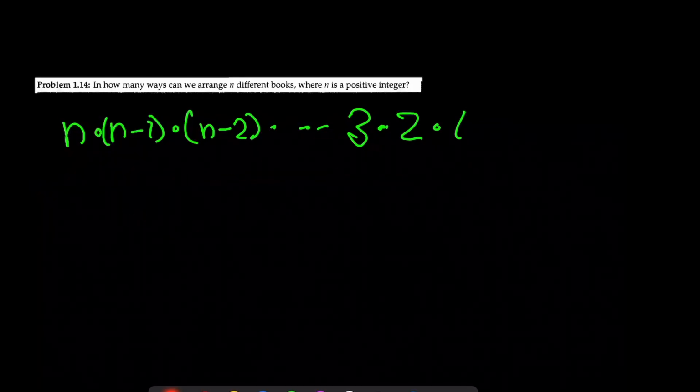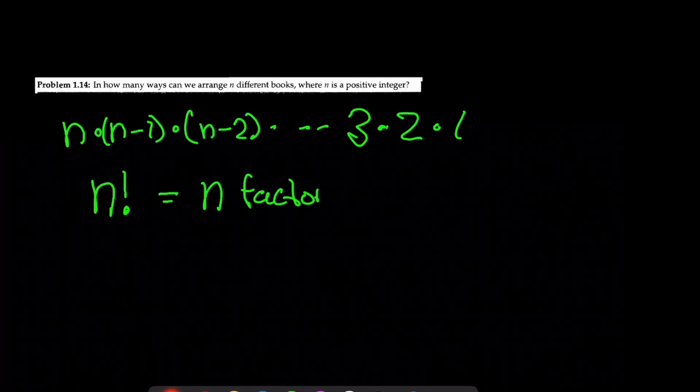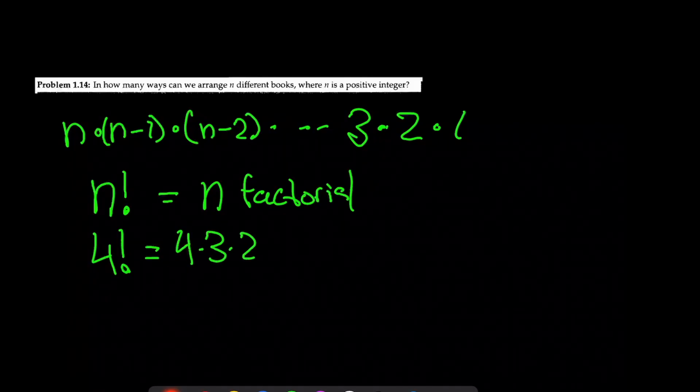Well, something like this where you multiply numbers decreasing by 1 occurs so much that we have a special symbol for it. This is read n factorial and spelled like this. So 3 factorial, or actually let's go 4 factorial because it's an answer from earlier, is equal to 4 times 3 times 2 times 1, or 24.